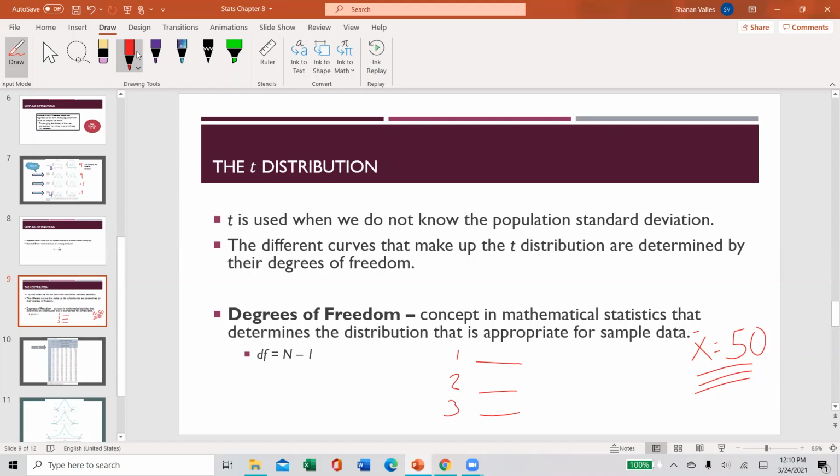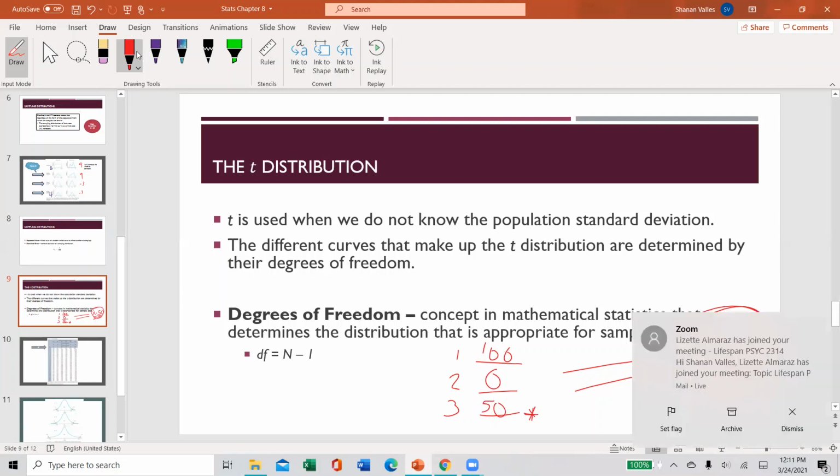But let's just say I pick 100. Now, the next number, I'm starting to get more limited if I'm going to make this statement true. So let's say I pick 0. Now, my last number only has one option to make this statement true, right? I don't know if it's working.